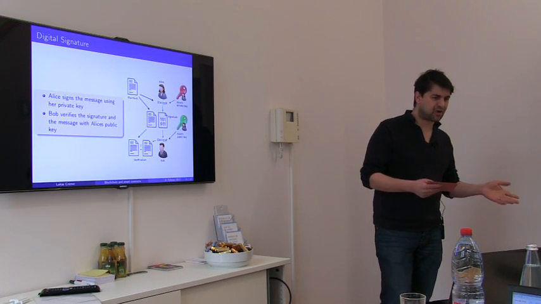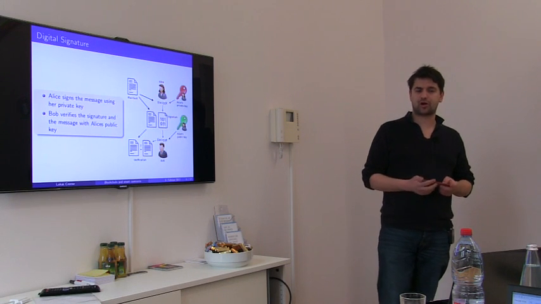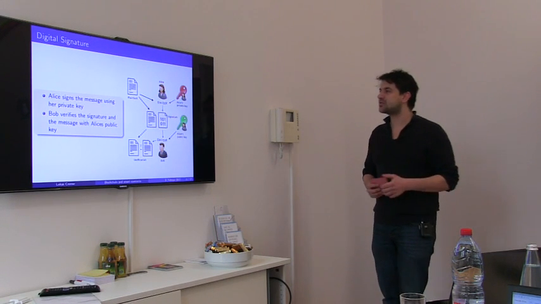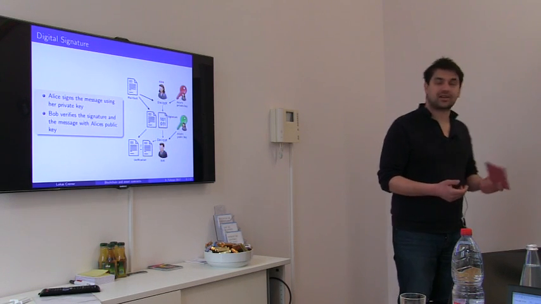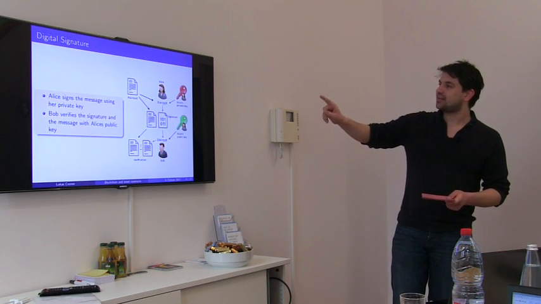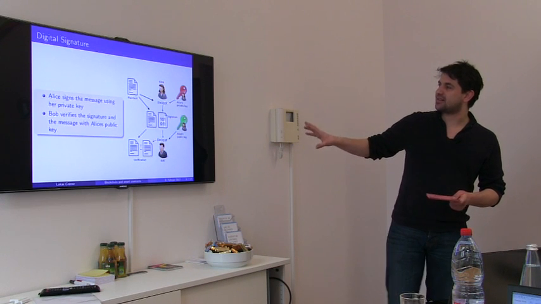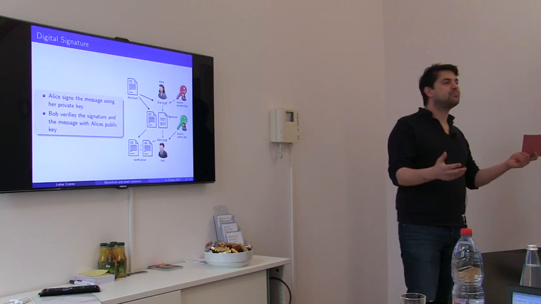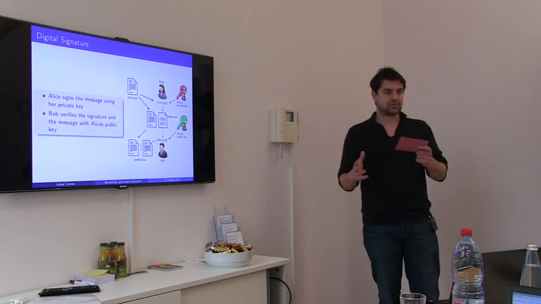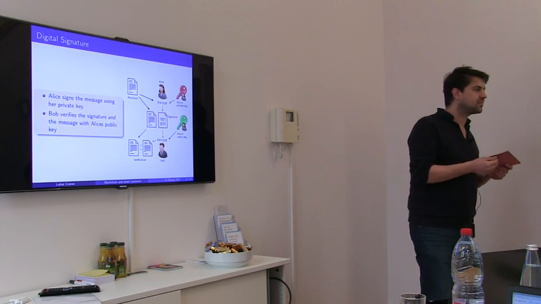That's important for one aspect of public key cryptography, using it for digital signatures. That's what we're doing in blockchain technology. That works like this. As a sender, I can sign a message with my private key.